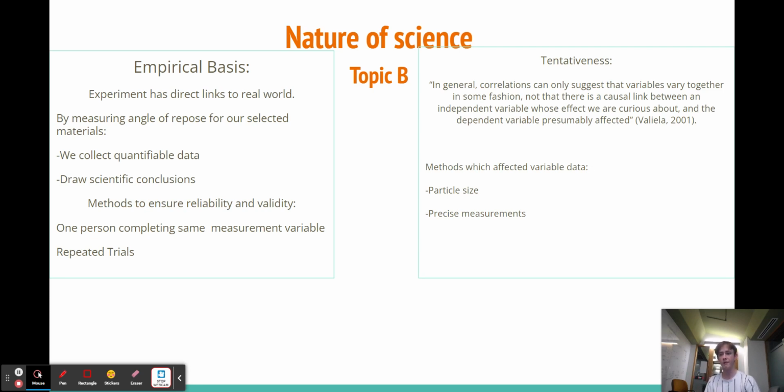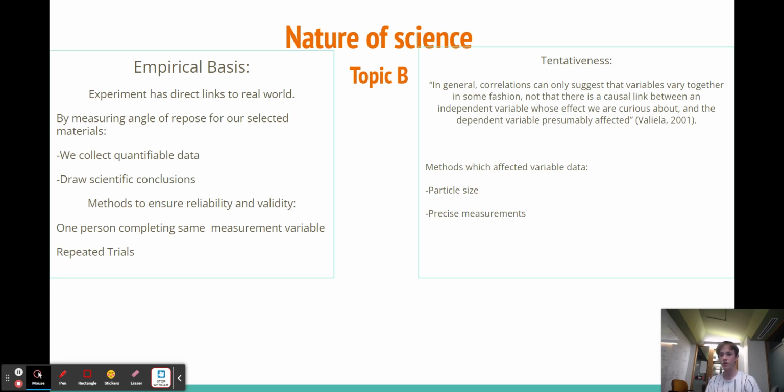This can in turn suggest that tentativeness is connected to the idea because as scientists, we claim that scientific knowledge is not concrete. This quote highlights tentativeness by emphasizing that correlation does not establish causation, reflecting cautious interpretation.